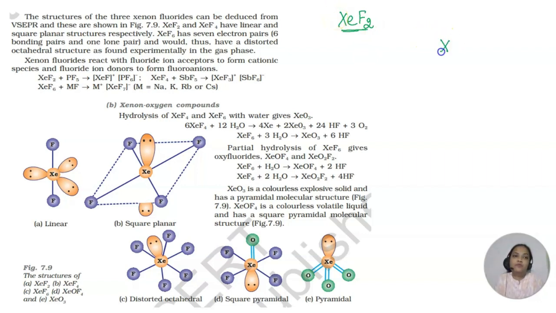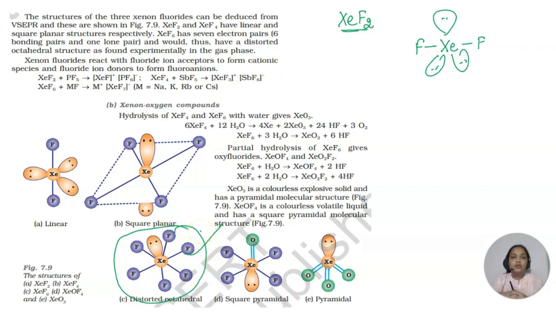So the shape would be linear and there will be 3 lone pairs. XeF4 will have a square planar shape and 2 lone pairs. XeF6, which has 6 bonding pairs and 1 lone pair, will have a distorted octahedral structure.